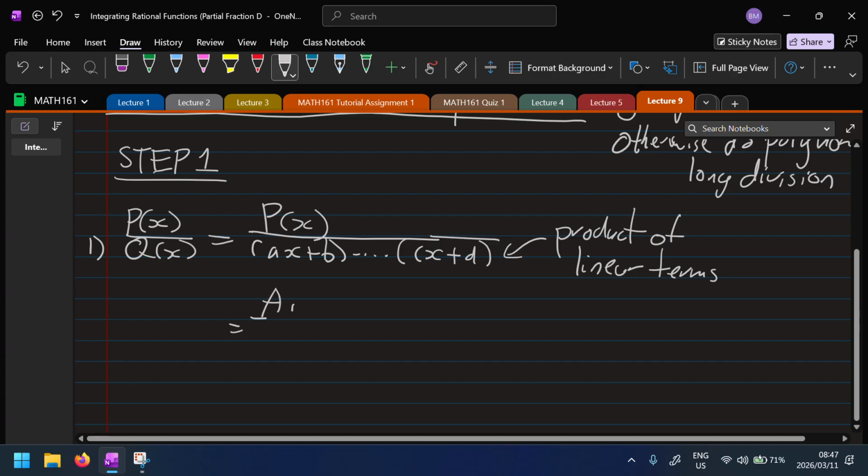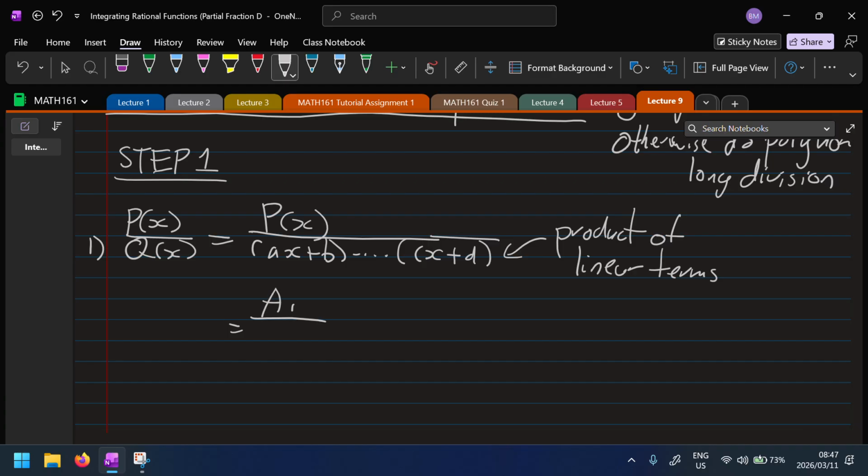We have A1, which is just some number, over the first term, plus all the other terms look very similar, up to the last one, let's call it AN over CX plus D. We know we can do this, so you just trust me.